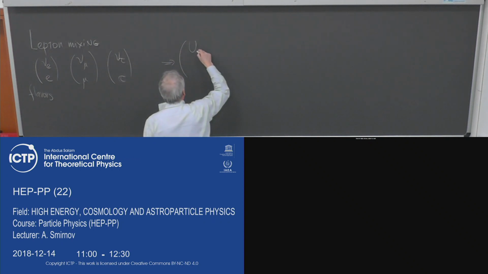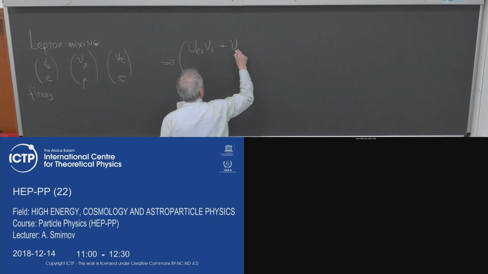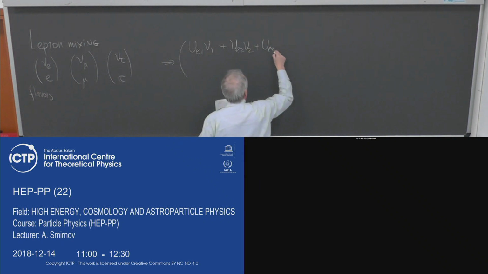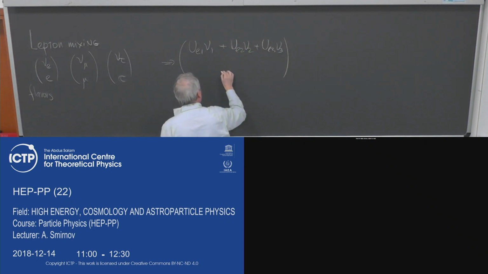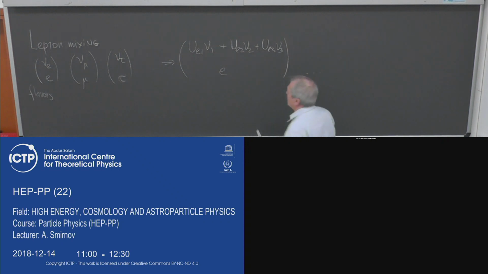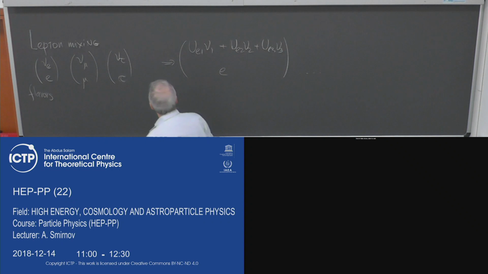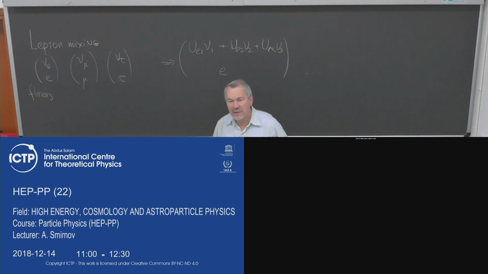In terms of mass states, and let me write it, we introduce mixing. And we use this U instead of V, and here is the electron, and you can similarly write other doublets. So what has eventually been established is that electron neutrino, muon neutrino, and tau neutrino have no definite masses.